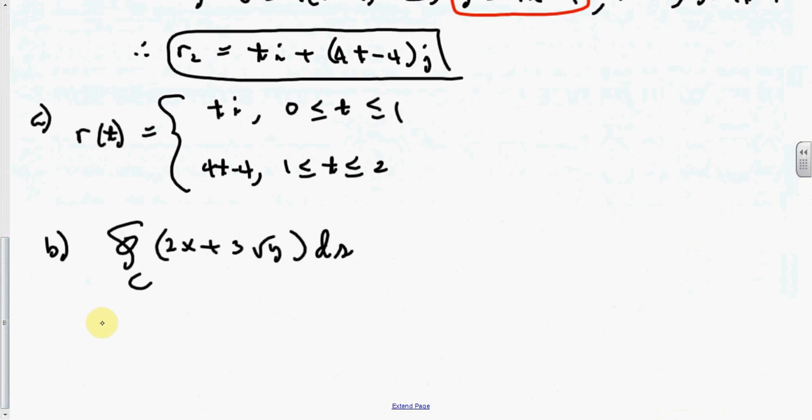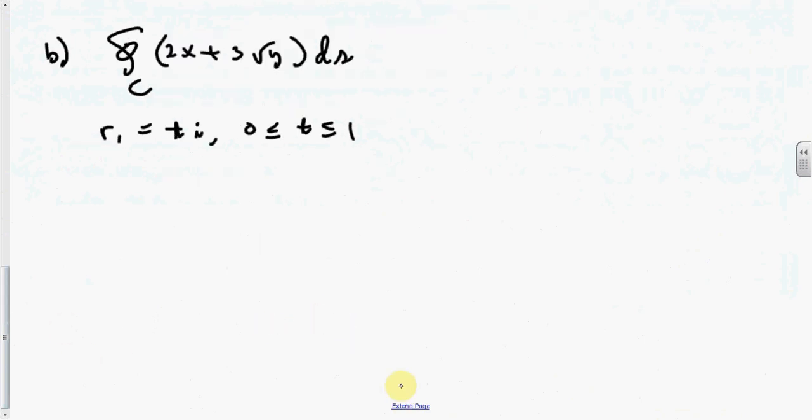So we first find it based on r sub 1. R sub 1 is ti as t goes from 0 to 1. So this means that x is equal to t and y is equal to 0. So this is the line integral from 0 to 1 of 2t plus 3 times the square root of 0.